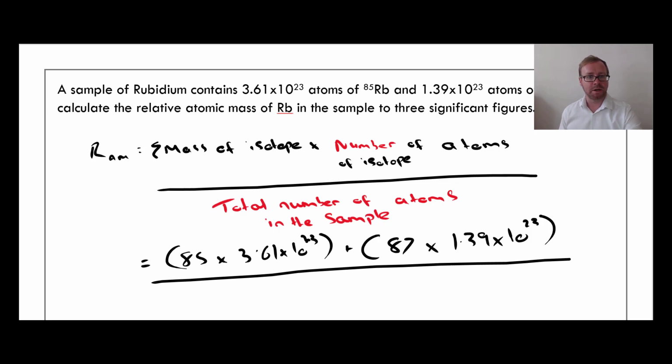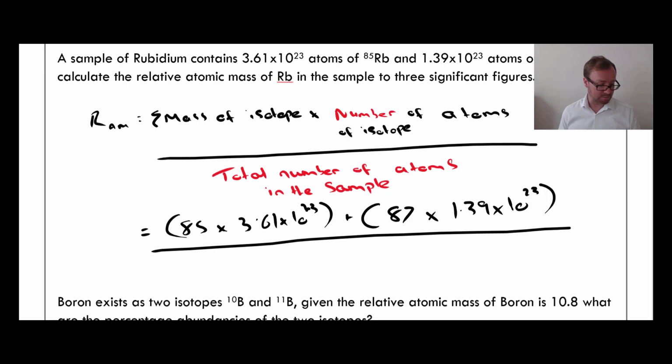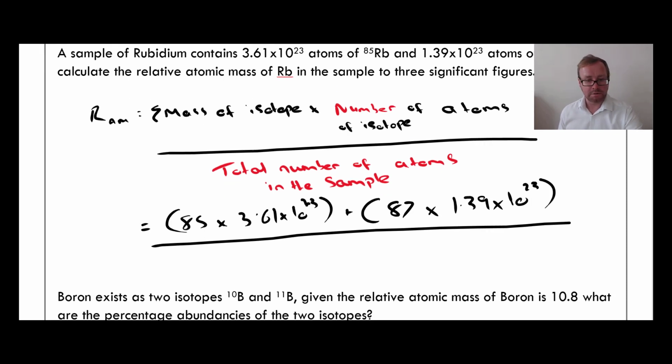So I add up my 3.61 times 10 to the 23 with 1.39 times 10 to the 23, which is 5 times 10 to the 23, which gives me a value of 85.556. It says 3 significant figures, so therefore 85.6 is my answer.